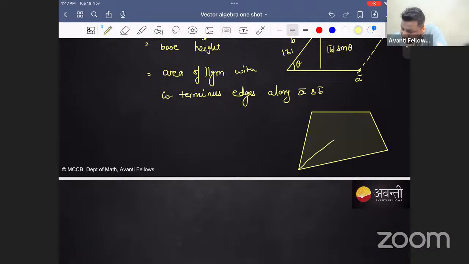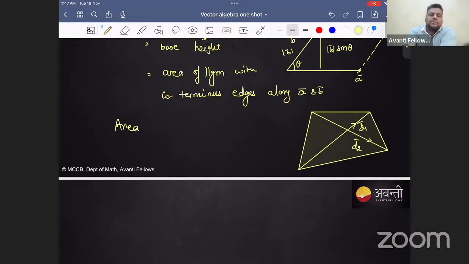Now its diagonal, say this diagonal is D1 and this diagonal is D2. So area is what?